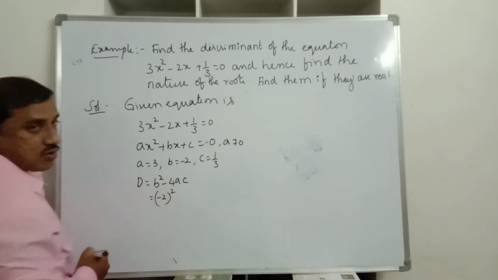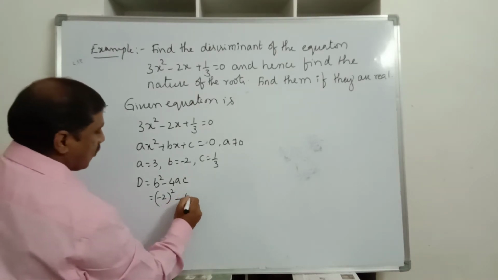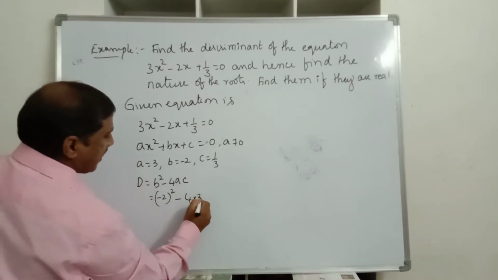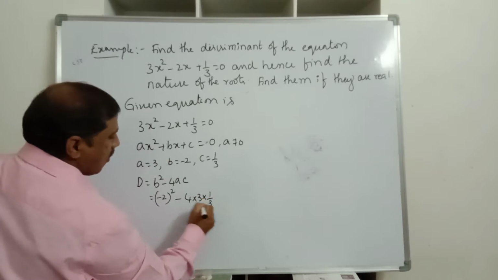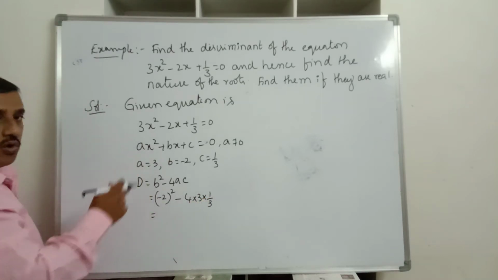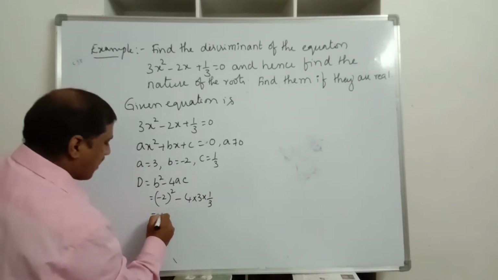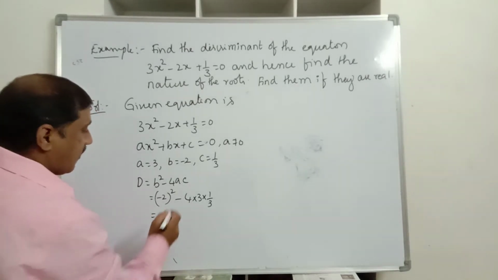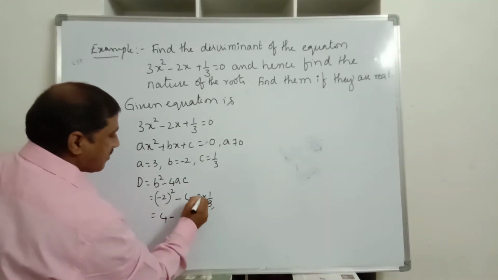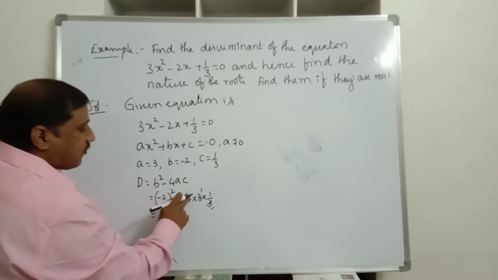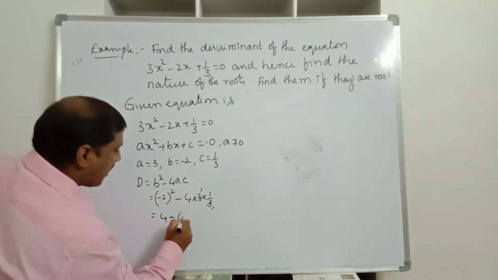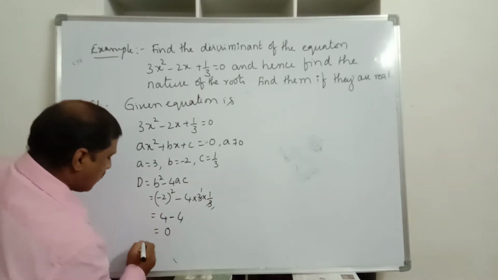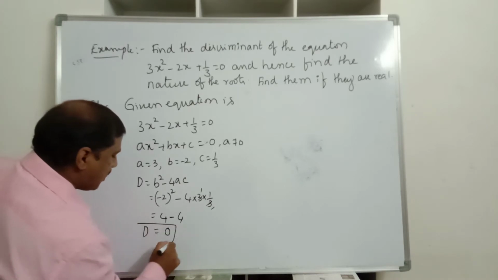Therefore it is minus 2 whole square minus 4 into a is equals to 3 into c is equals to 1 by 3. Minus 2 whole square is 4. The 3s are cancelled. Minus 4 into 1 is minus 4. 4 minus 4 is equals to 0. So now D is equal to 0 we got.